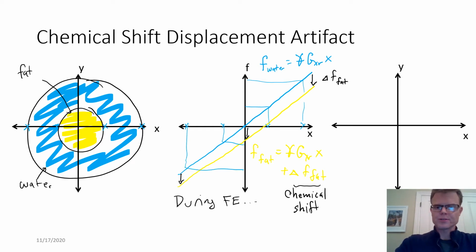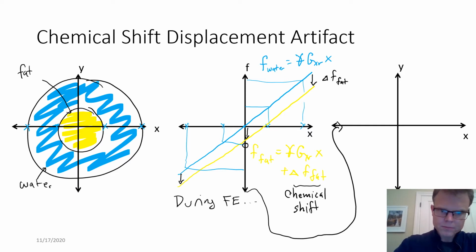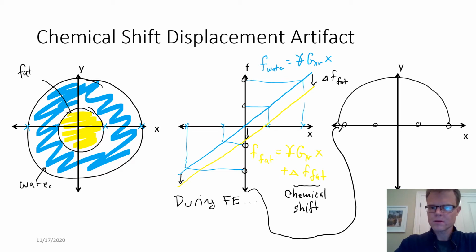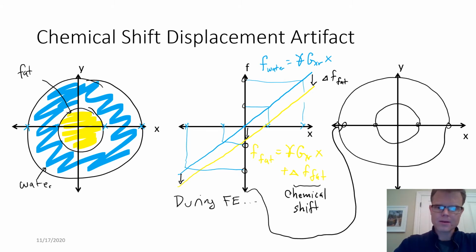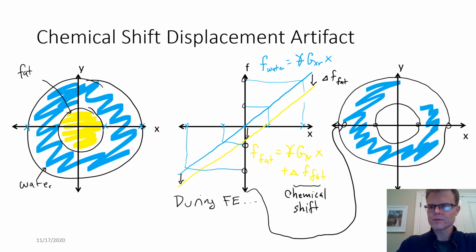Then when we do our reconstruction, we take this frequency axis and convert it back into X. We use our relationship of the gradient, and the frequencies we get map back to these positions. Frequency encoding works in this case. This is what we've gone over before.